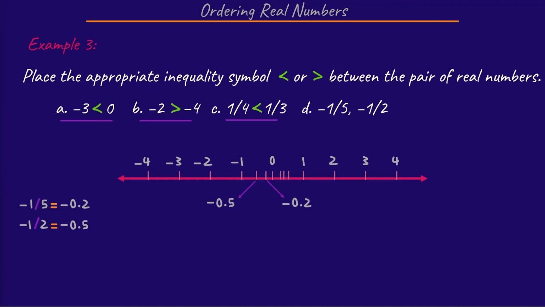We can see that negative 0.2 lies to the right of negative 0.5. So we can say that negative 0.2, which is negative 1 over 5, is greater than negative 1 over 2, which is negative 0.5. Let us replace it: negative 1 over 5 is greater than negative 1 over 2.